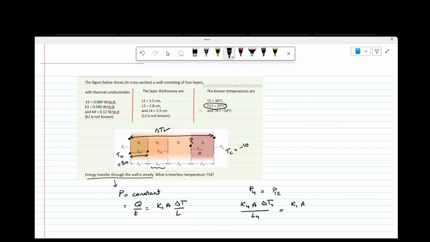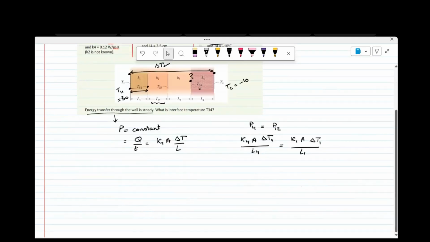The area is the same, and I have delta T1 over L1. So what we want is basically T34, right? And this will show up in delta T4, which is right here. So I'm going to just substitute for the quantity of interest.